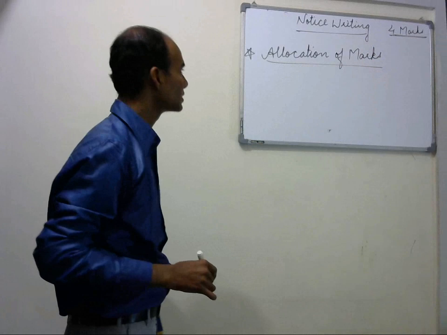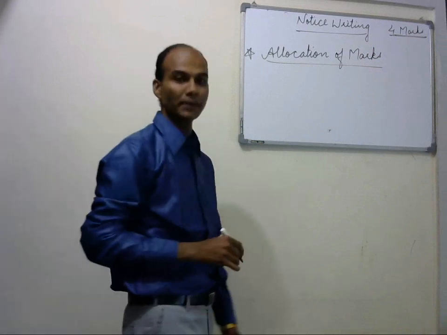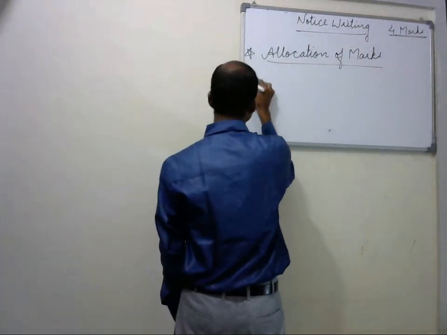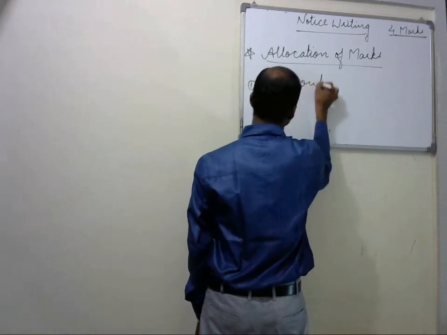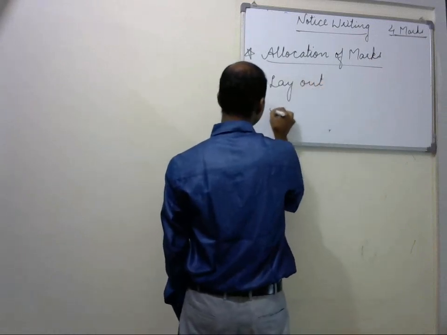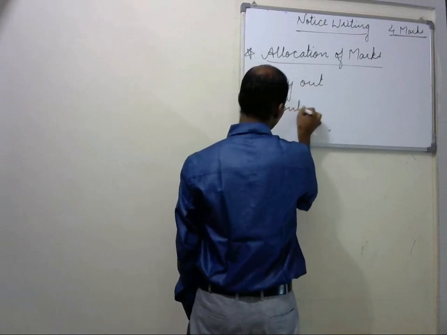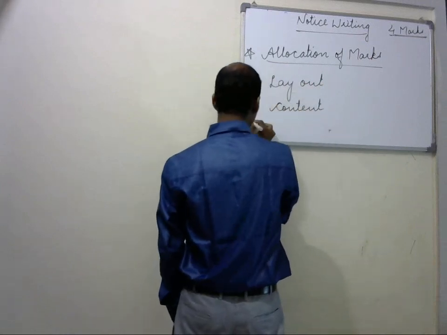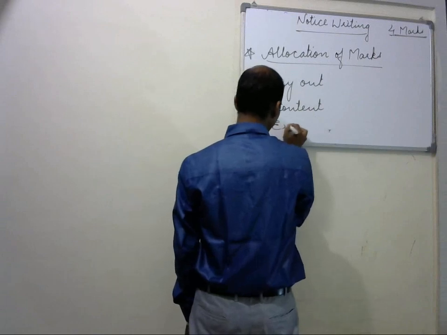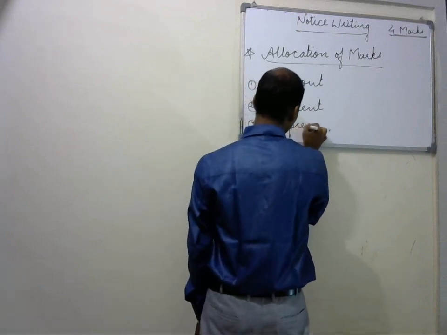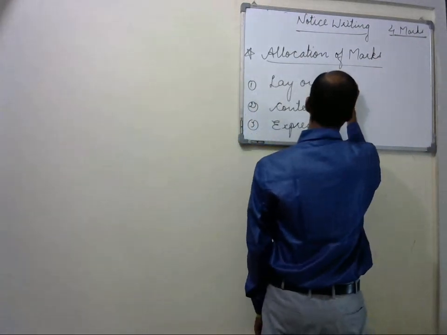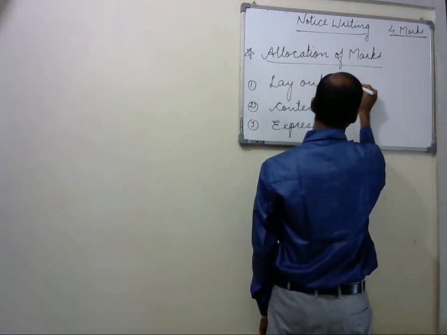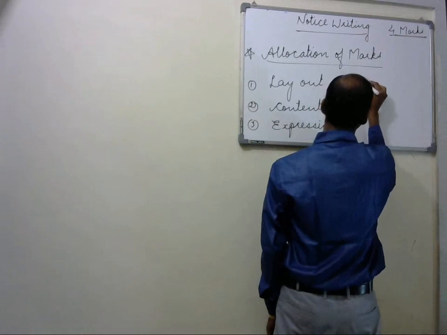So these 4 marks are divided into 3 parts. First, layout. Second, content. And third, expression. This layout is given 1 mark.